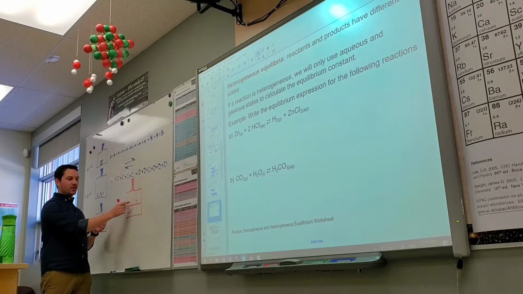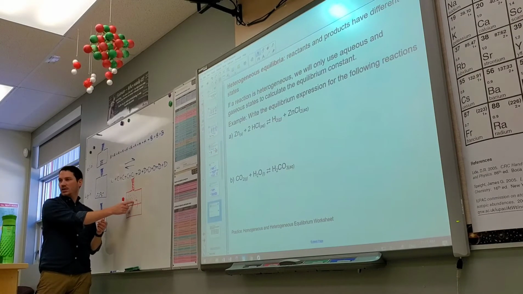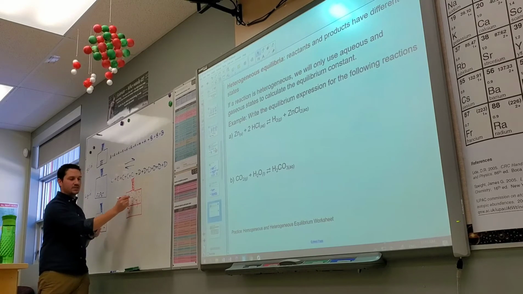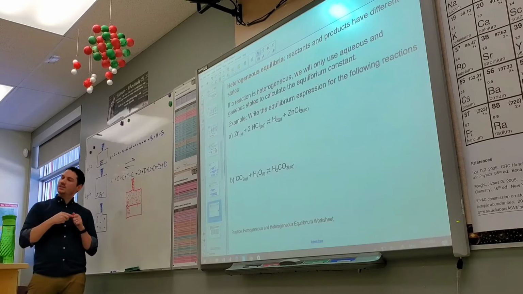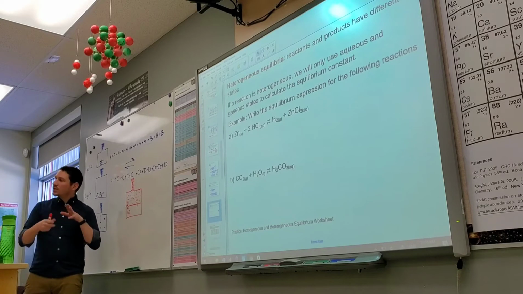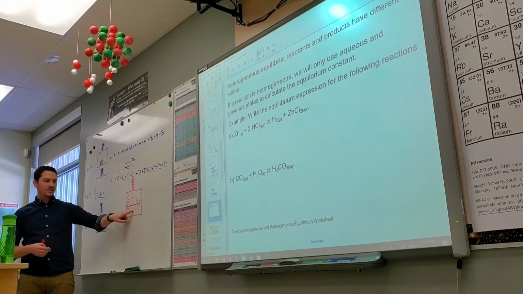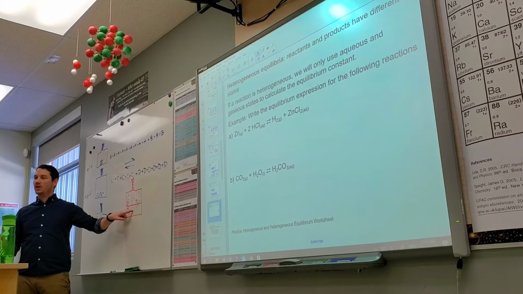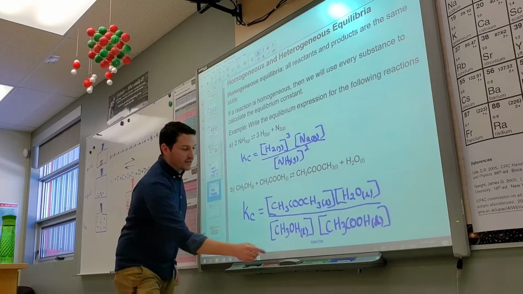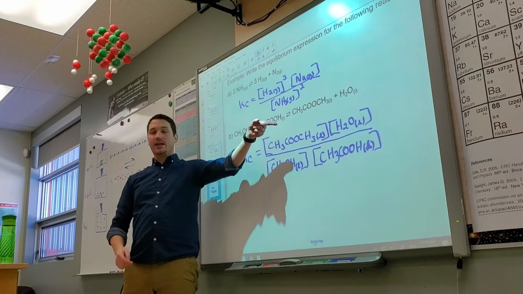Can I change the concentration of this gas? If I added more gas molecules, could I change the concentration of the gas? Yes, because gases can be compressed, okay? So you can change the concentration of a gas. You can't really change the concentration of a liquid unless it's a reaction like this one when they're all liquids.